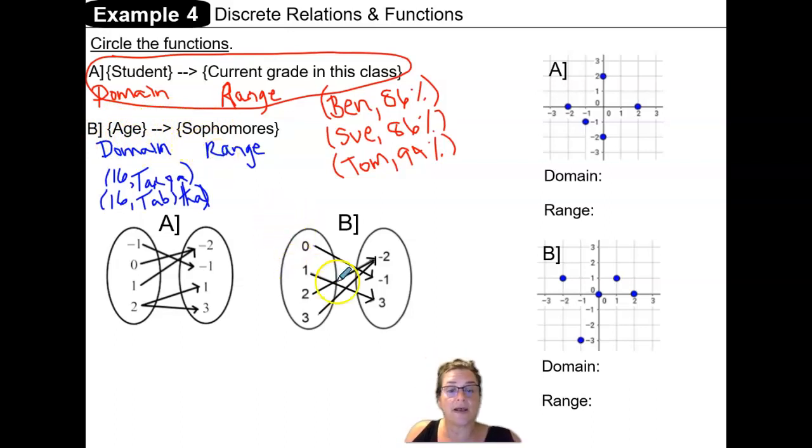Okay, so now let's take a look at these mapping diagrams. So in a mapping diagram, which hopefully you've seen before in Algebra 2, you have two ovals or two sets listed, and the domain is the first oval or set of numbers.